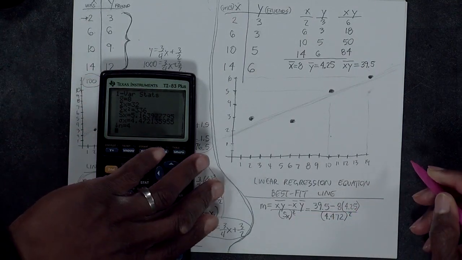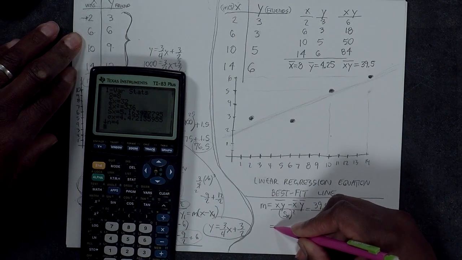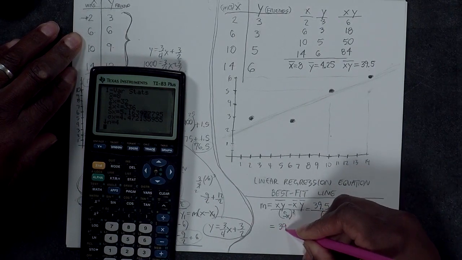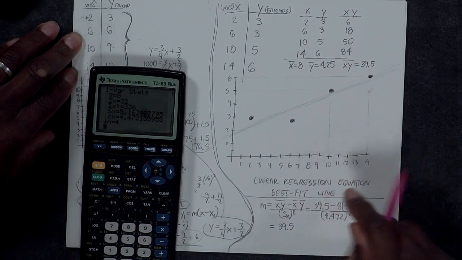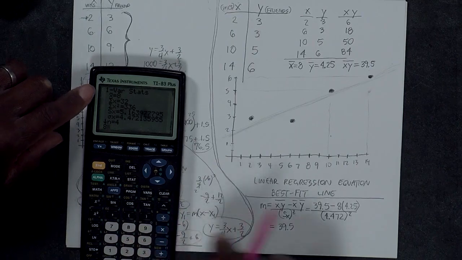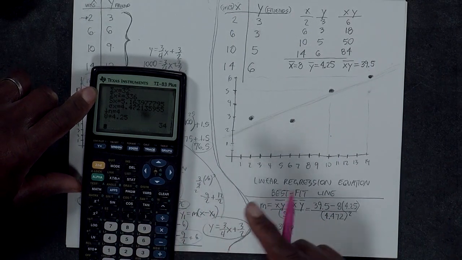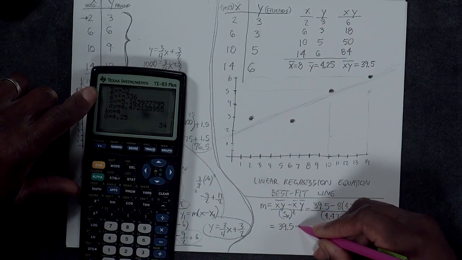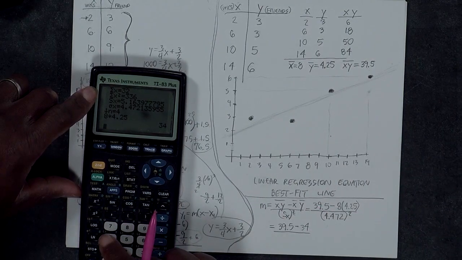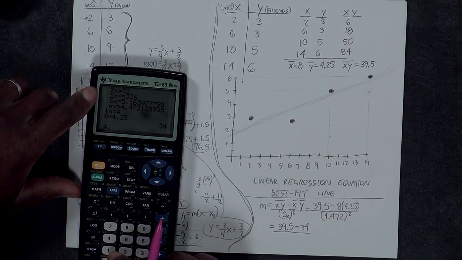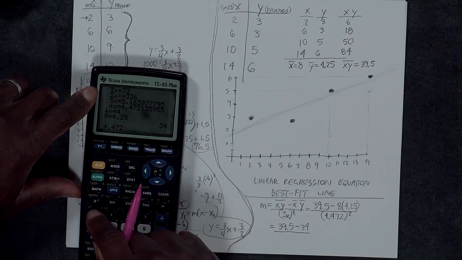All right. So let's put all of this into the calculator. 39.5, 8 times 4.25, and we end up with 34. And let's take the 4.472 and square that.